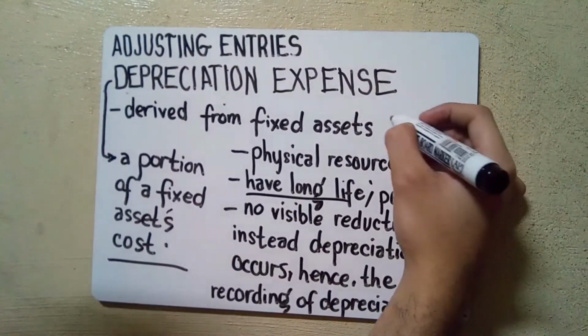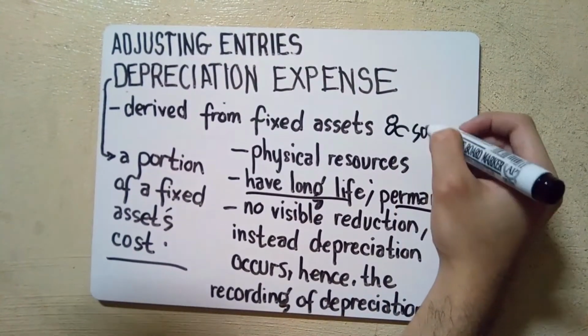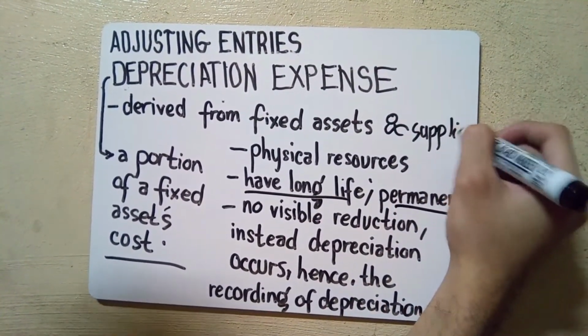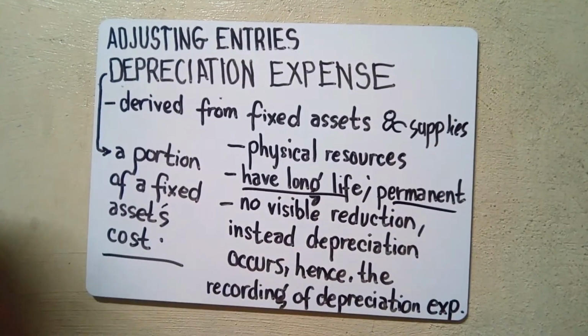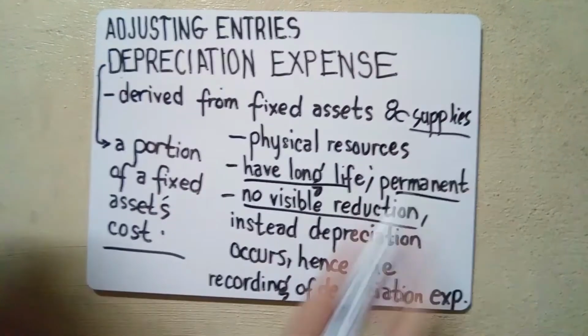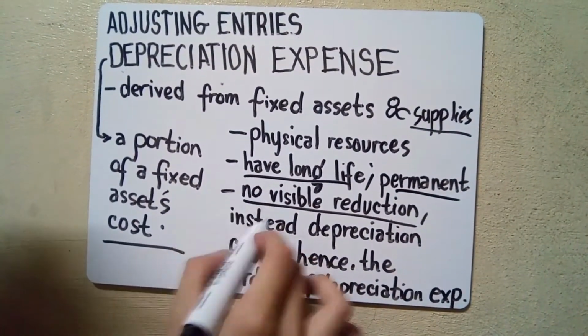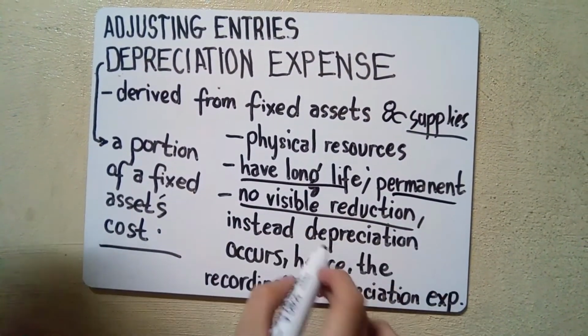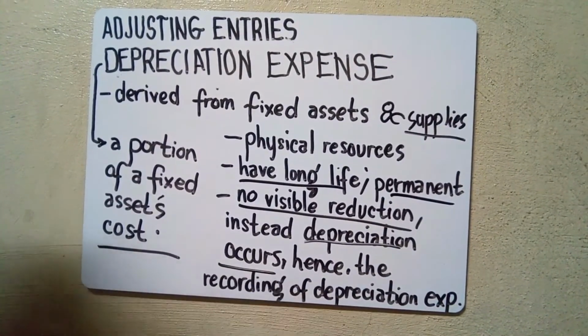Fixed assets and supplies are used by the company to generate revenue. However, there is no visible reduction in fixed assets unlike supplies. So, instead of visible reduction, depreciation occurs.